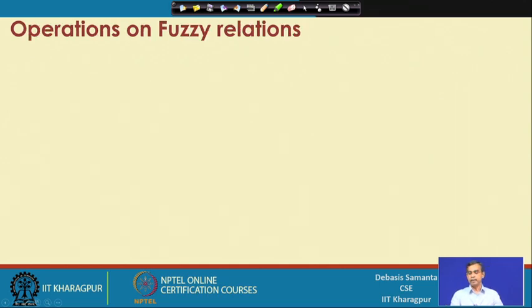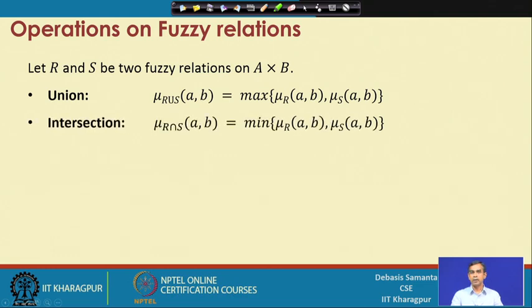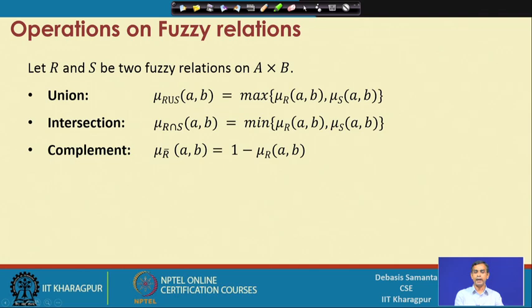Now, let us define different operations on fuzzy relations, like the different operations on crisp relations: union, intersection and complement. The union operation on two fuzzy relations can be defined using this expression. It is basically taking the maximum of the two entries, giving a new matrix of the maximum of the corresponding entries.